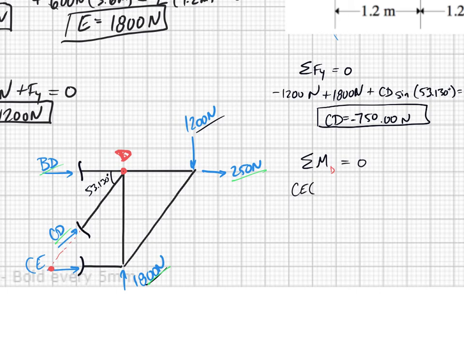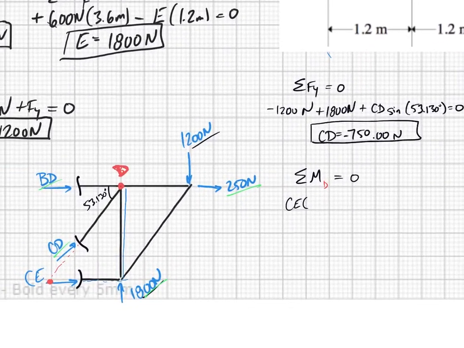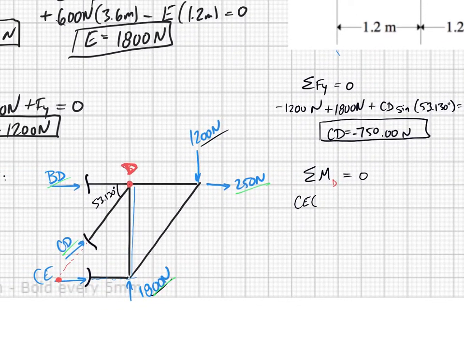So I've got CE times its moment arm. Let me do this in blue, march it over here, and here's its moment arm right there, which I believe is 1.6. Yes, 1.6 meters. Notice that's causing it to spin this way around point D, so it's counterclockwise.